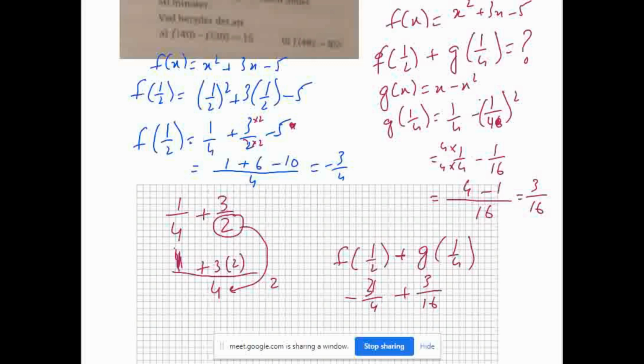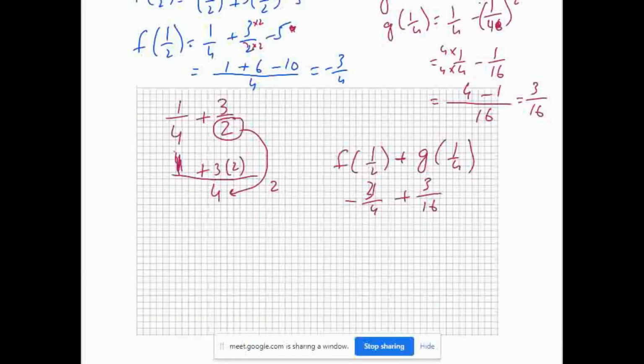Now you can simplify it further and get your final answer. So this will be 16, multiply 4 on both sides. So this will be minus 12 plus 3 is equal to minus 9 by 16. So this will be the final answer. You can verify it at the end of your book.